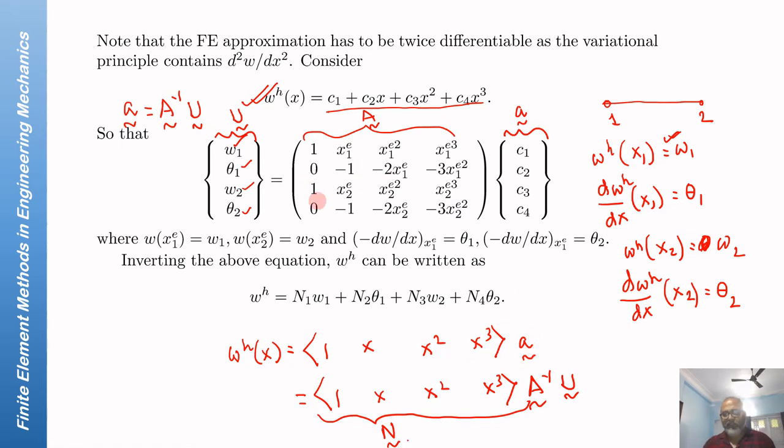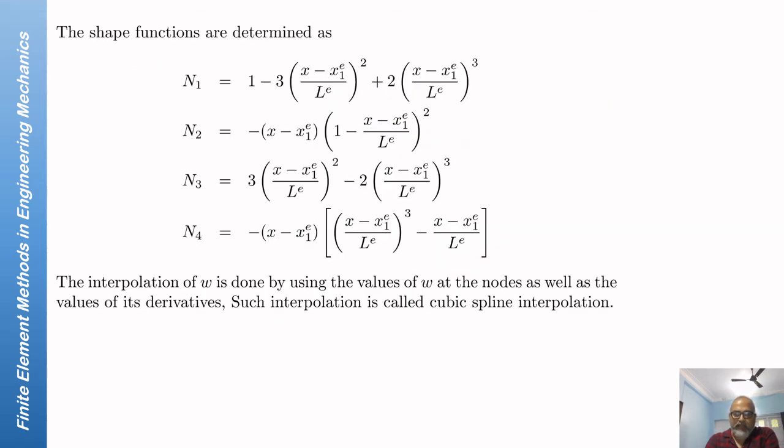Now this inversion is, as you can see, a 4x4 matrix. Inversion is not that easy, but it's still invertible. You can still invert it, and if we invert it, then we will get W^h in the form of N1, N2, N3, N4, where I have done the inversion on Maple, and the inverted functions are these.